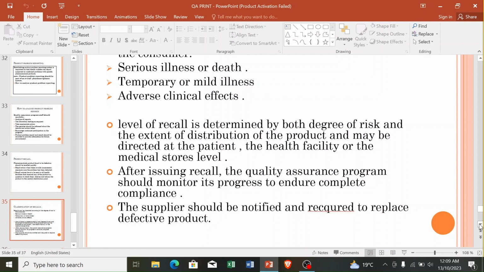So there is need for the quality assurance program in our manufacturing unit to follow up and see how people are complying with returning the medicine that is giving people issues on the market. How are they complying? How are they accepting to return them? The supplier should be notified and required to replace defective products.